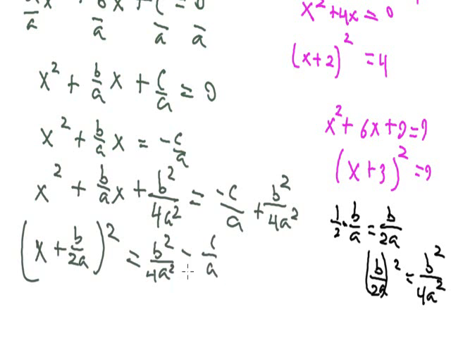Of course, 4a squared is your common denominator, so you can multiply by 4a over 4a.